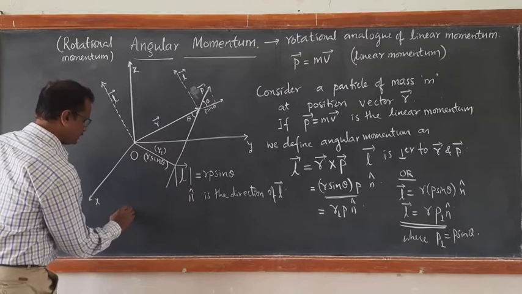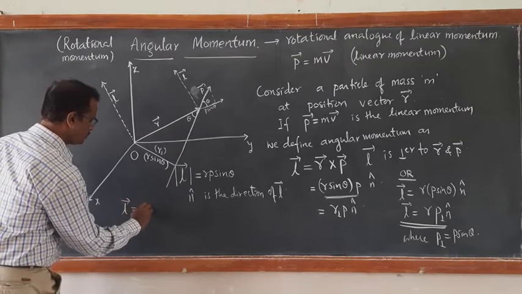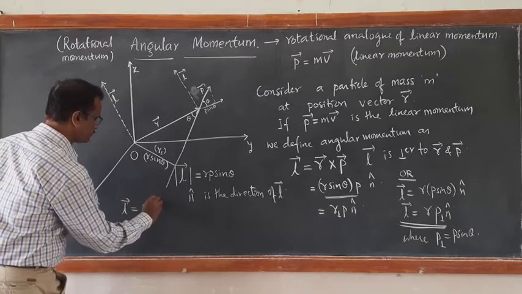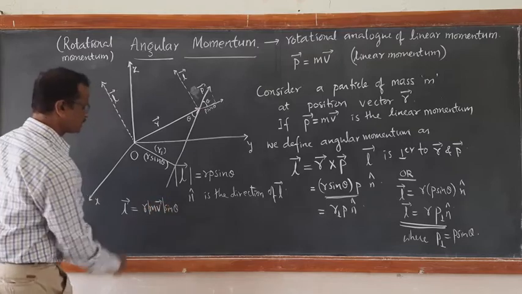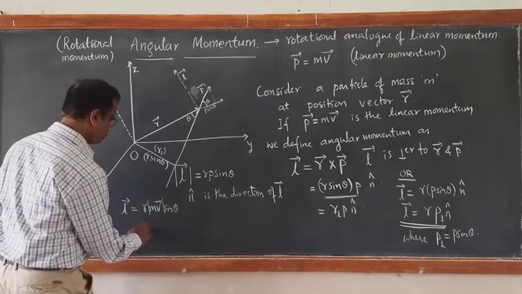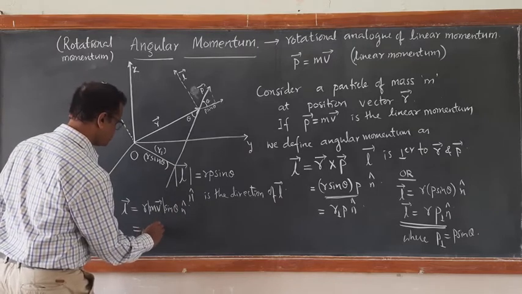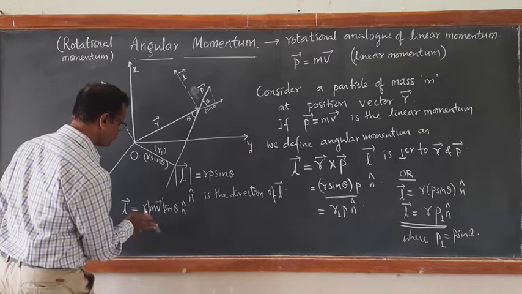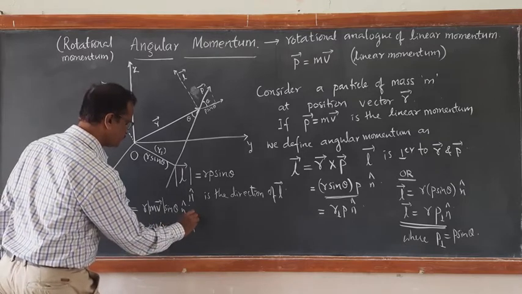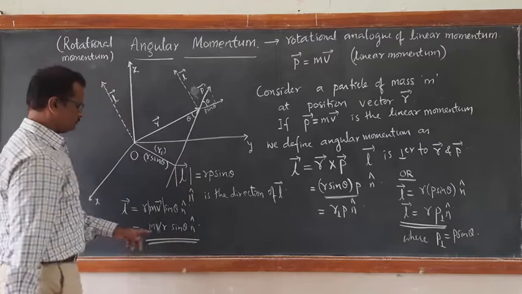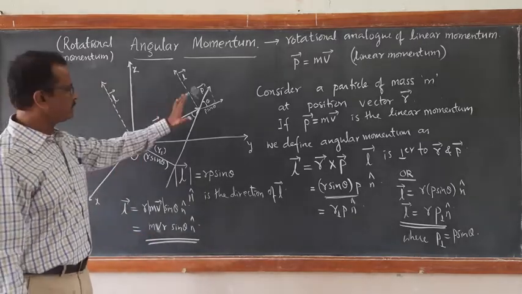Here I can write the L vector as r into the magnitude of mv vector into sin theta into n cap, or this can also be written as mvr sin theta into n cap. So the product mvr gives us the angular momentum of a particle.